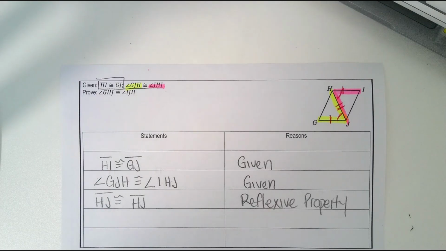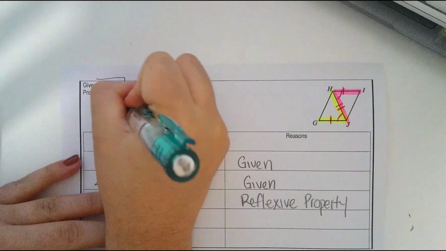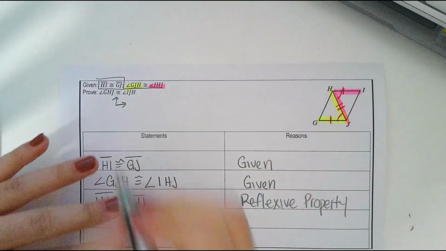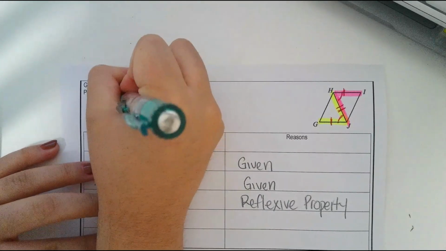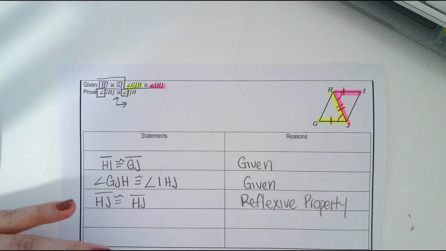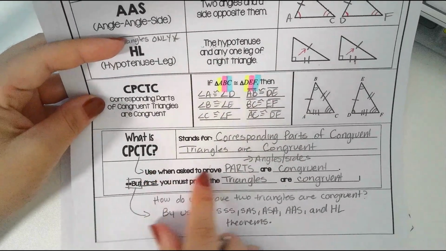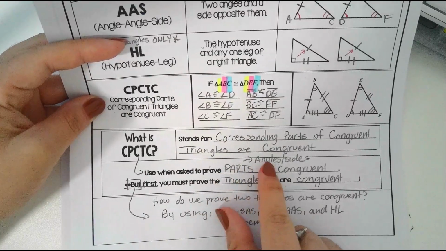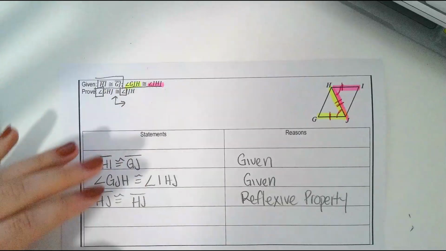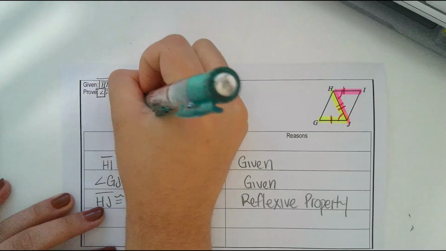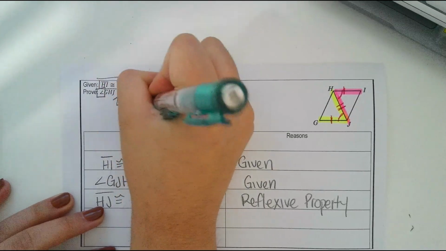Then after we have that, we say, okay, first we need to prove that the triangles are congruent. Why? Because look, they're not asking us to prove that the triangles are congruent. They're asking us to prove that the specific angles are congruent. And when they're asking you to prove that sides or angles are congruent, remember, we're going to use CPCTC.